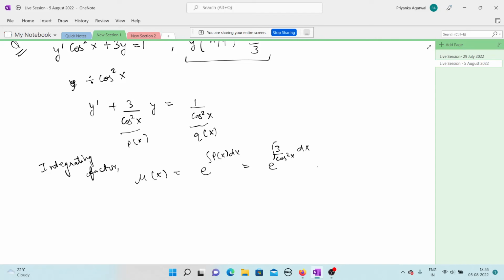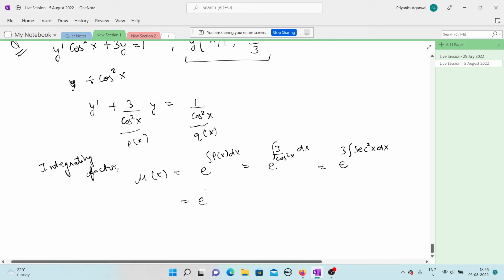So this is e to the power 3 integral of sec² x dx, and this will become e to the power 3 tan x. This is your integrating factor.